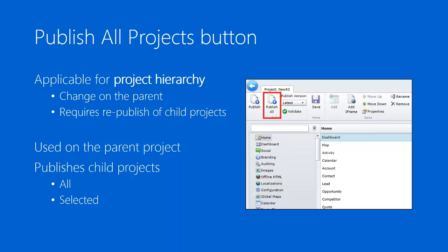If you hear this for the first time, I recommend checking one of the previous webinars where I explain this concept in more detail. What the Publish All button means is that if you have a parent project and you want the changes you have performed on that parent project to be applied to all the child projects, you have to press this Publish All button.